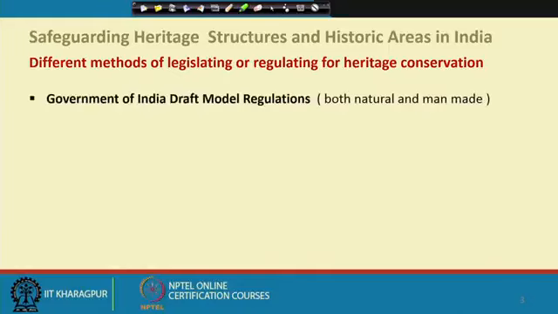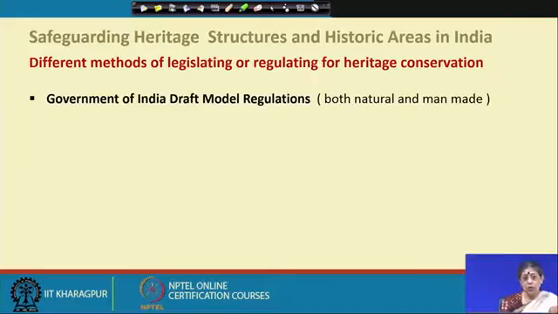Now, in the government of India, the Mumbai regulation played a pioneering role, and then Punjab also did that, Hyderabad did that, and Bhubaneswar, Kolkata, various other places had their own heritage regulations. Delhi also has a heritage listing, but if you talk of regulation, Mumbai played a very important role.